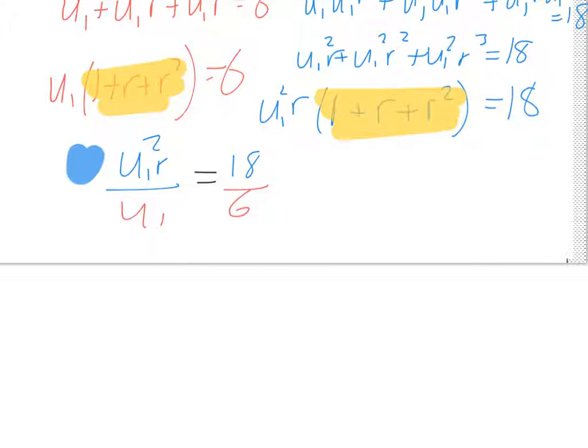I guess it still works. Gives you u1r equals 3.